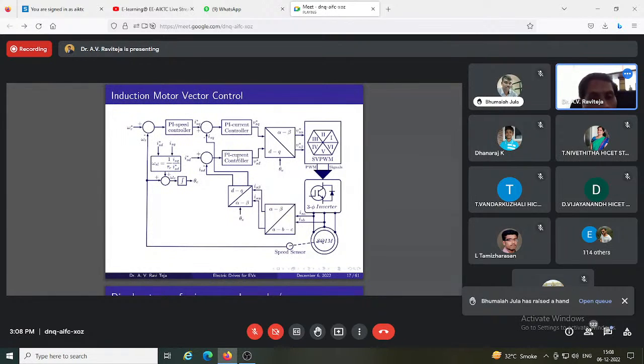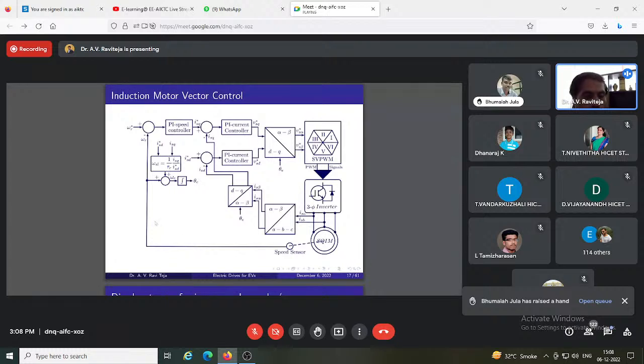Flux I am measuring as feedback, and then I will keep a reference, and luckily in the rotor flux reference frame, flux is directly proportional to I_sd. So I can give an I_sd reference instead of a flux reference here, right?